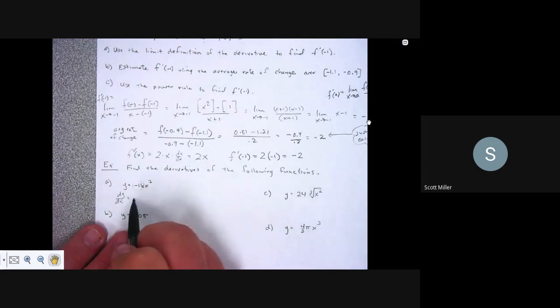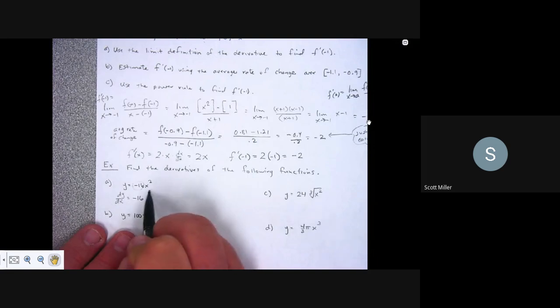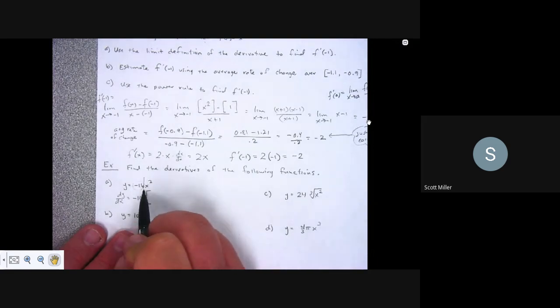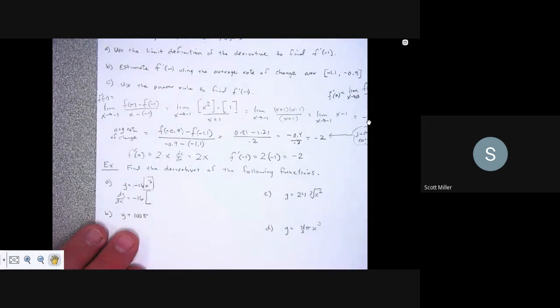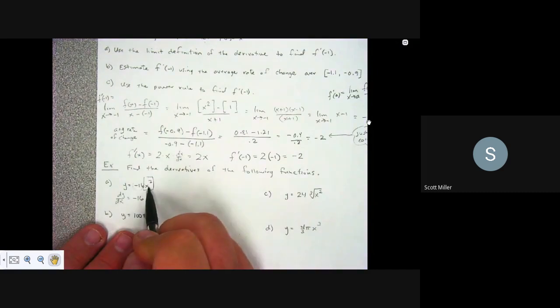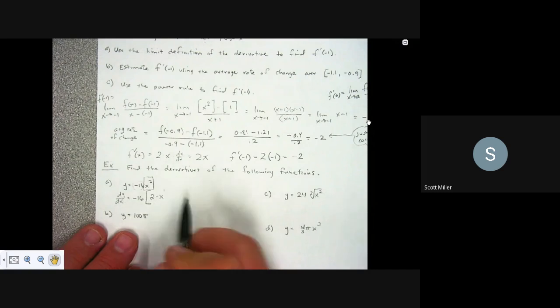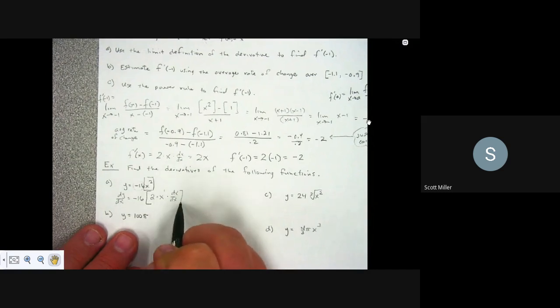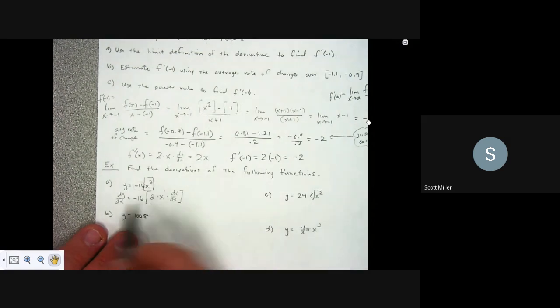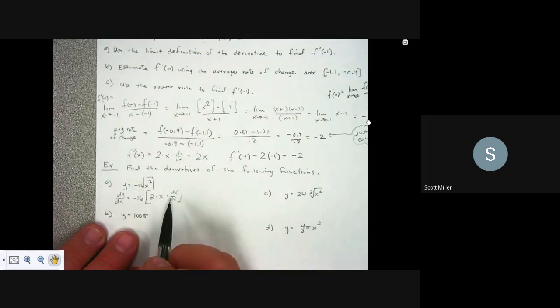So literally it can come out in front, and then I'm going to take the derivative of just this part. So the derivative of x squared is 2 times x, lower the power by 1, and then times dx dx. That is how you would do this derivative, using the constant rule.